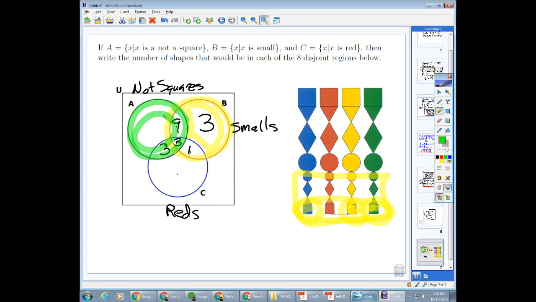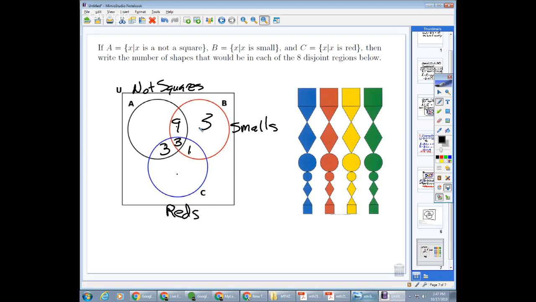So anything in here has to be square, small, and not red because it's outside of the red. That's getting messy. I need to clean that up. Let's see. Too many colors. I think there's 3 here, and I double checked they met the right requirement.